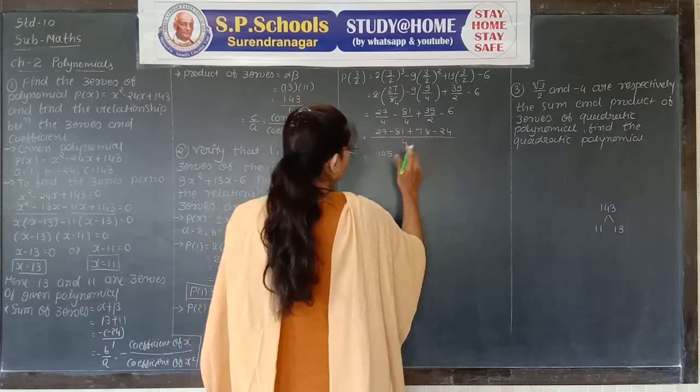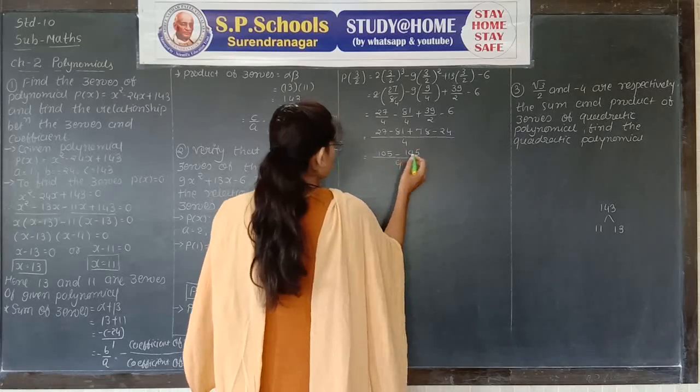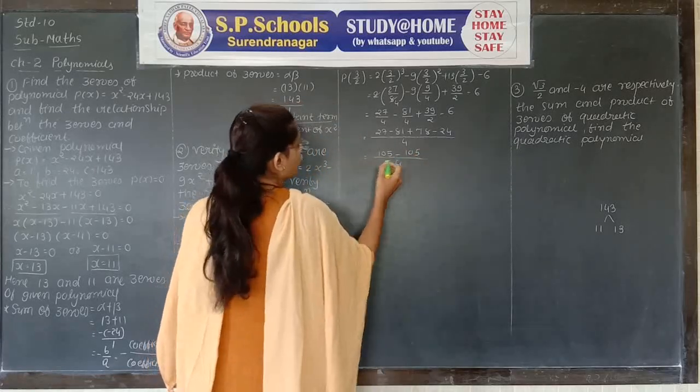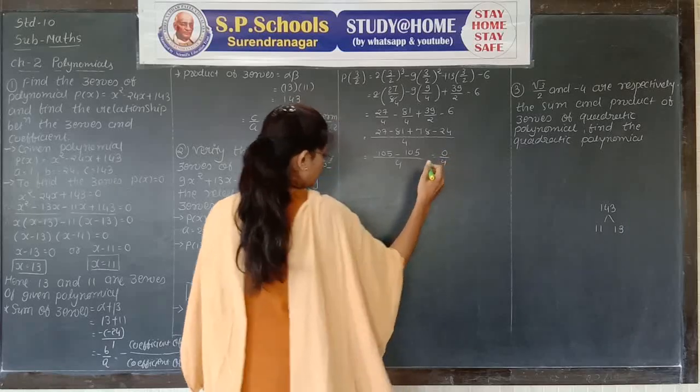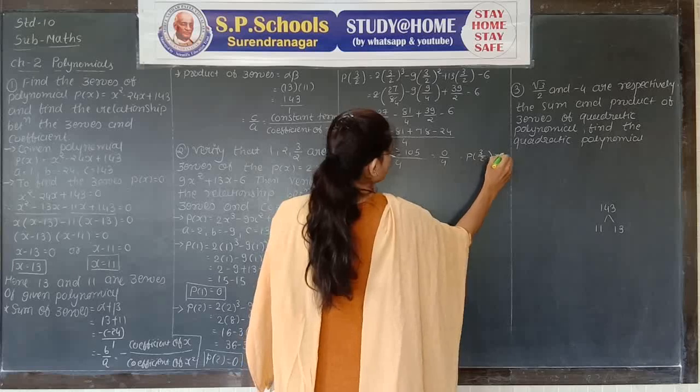105 plus 81 and 24 is again 105, plus minus 105 is cut, and our answer of P of 3 upon 2 is also 0.